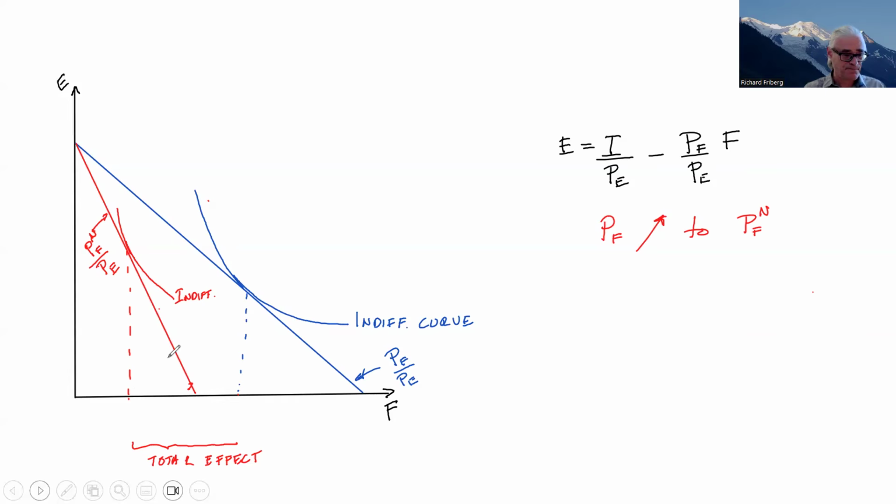Okay, so we see if this individual were to face the new prices, but were fully compensated so as to keep her at the same utility, the same indifference curve, what would her consumption be? Well, it would be like that, not quite, because we want to have it parallel.